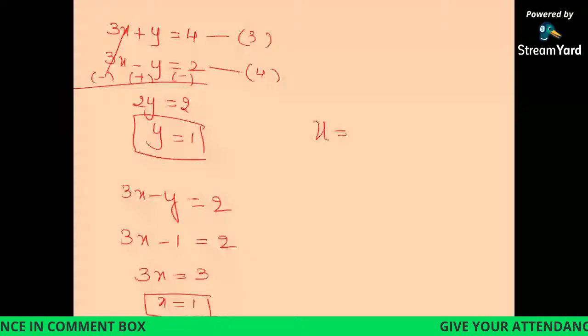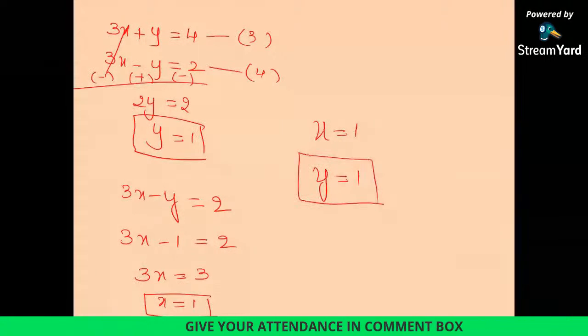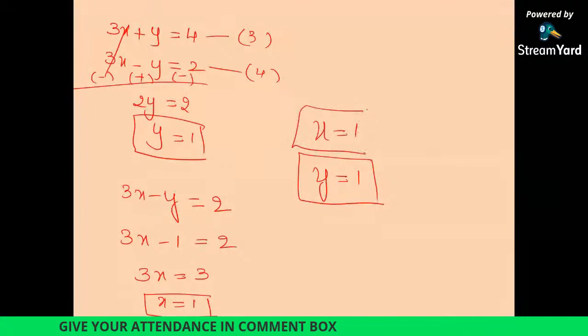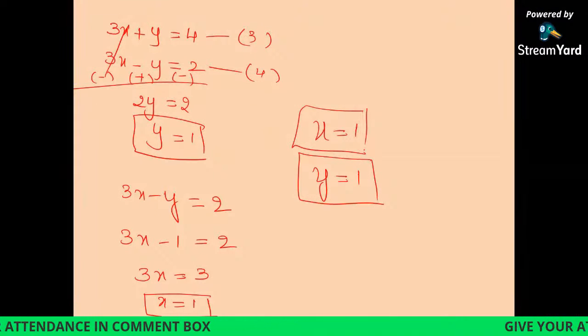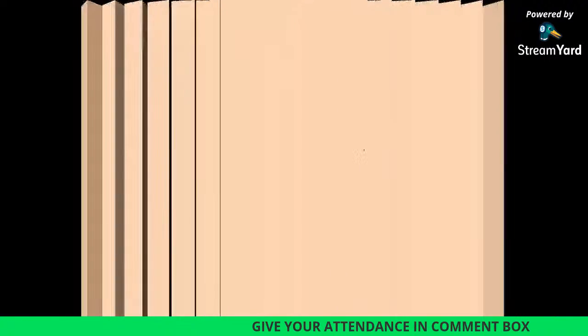Here you got x as 1 and as well as y as 1. The two values of x and y. In this equation, if you go back one step, we'll just see the question.